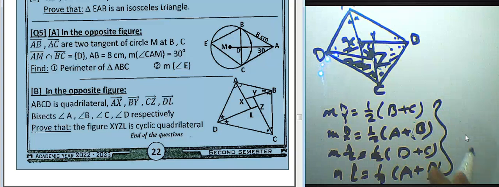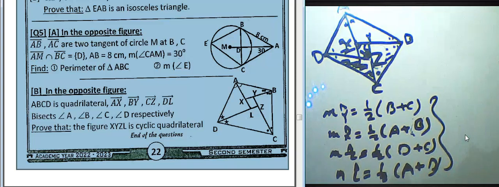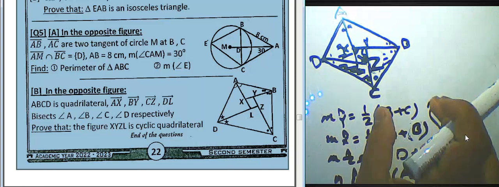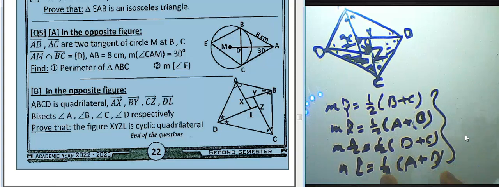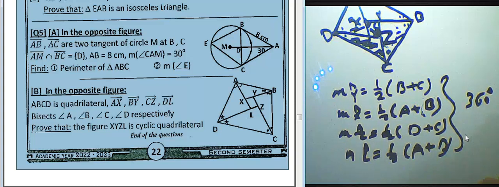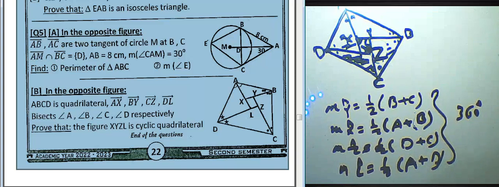By adding all the relations, the measure of angle X plus Y plus Z plus L will be A plus B plus C plus D equals 360 degrees. Then the figure XYZL is a cyclic quadrilateral, because the sum of interior angles equals 360.